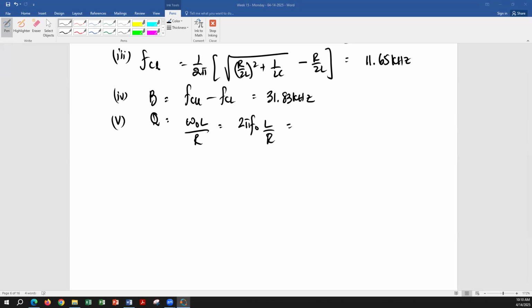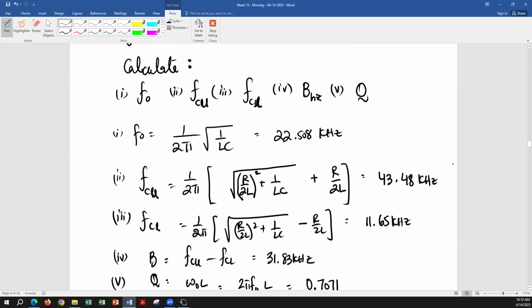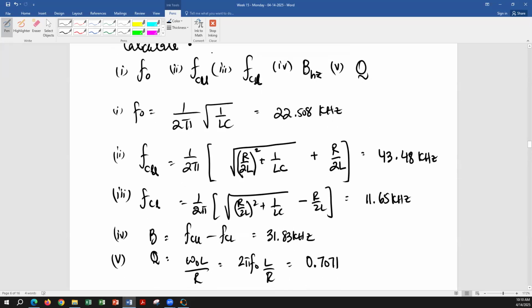Q is equal to 0.707. These are all the values. Quality factor is quite small. That means the width of the filter is going to be large.